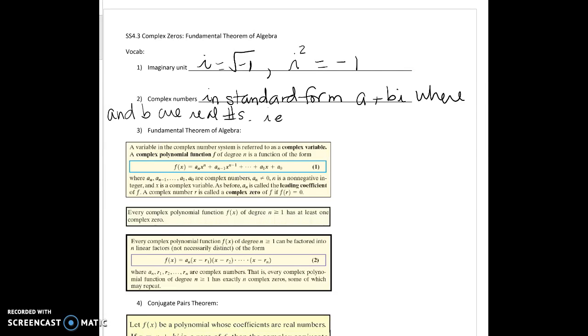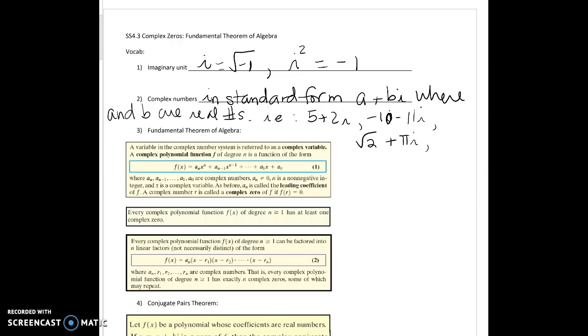This could be a complex number, 5 plus 2i, that's a complex number, or -10 minus 11i, okay? Or I can even do square root of 2 plus pi i. All of those are complex numbers.